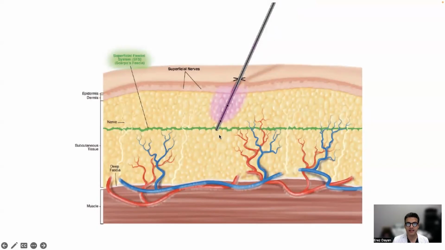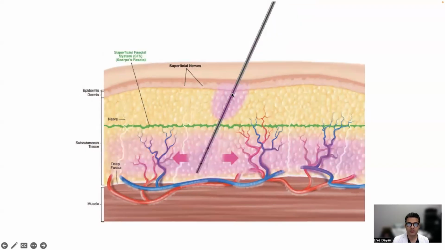A tumescent cannula is a blunt cannula with many small holes in it that will move through the subcutaneous tissue and inject tumescent fluid in all directions. So the goal, once we've created an access point of numbness with our 1% lidocaine with epi followed by our tumescent, is to come in with our tumescent cannula and start injecting in the deep space.